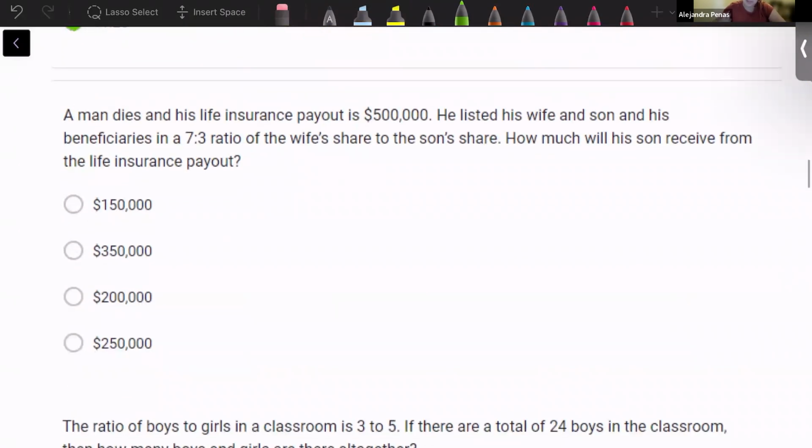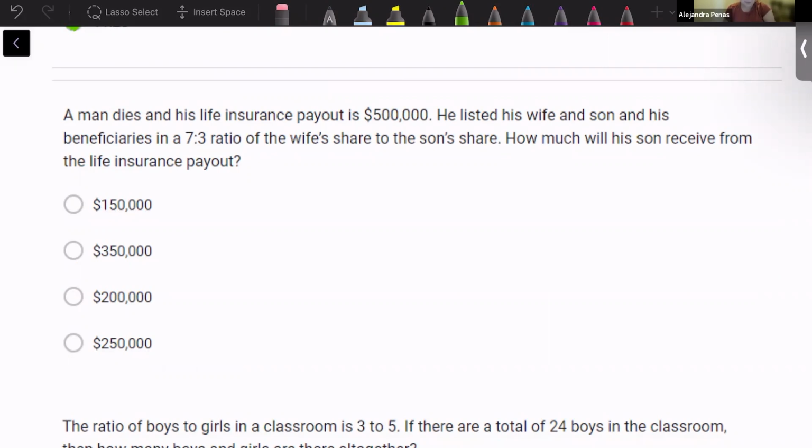All right, so a man dies and his life insurance payout is going to be $500,000. He listed his wife and his son as his beneficiaries in a 7-to-3 ratio of the wife's share to the son's share. How much will his son receive from the life insurance payout?